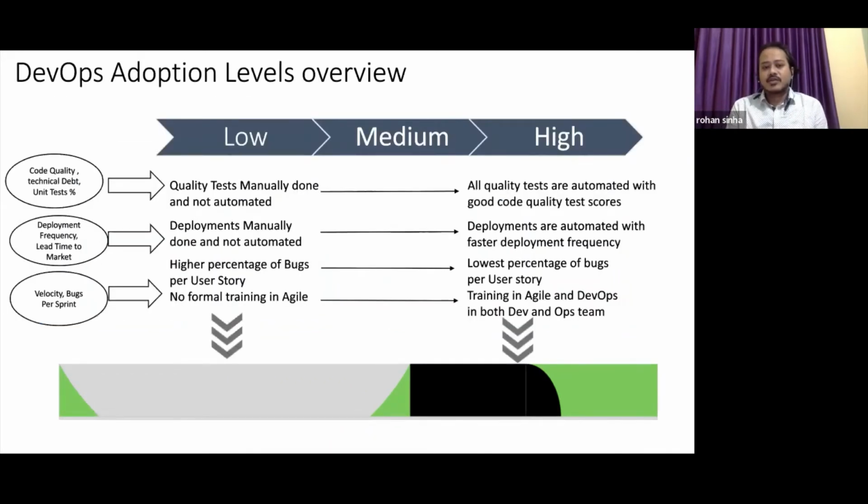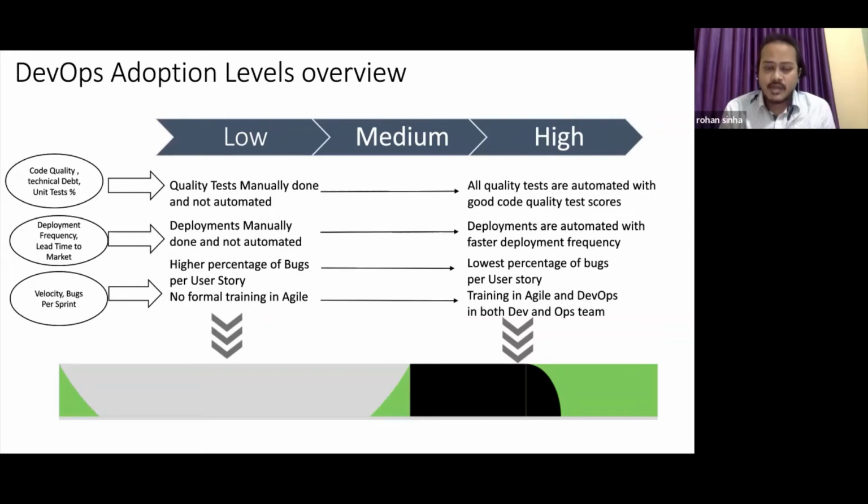Now I'm going to give an overview of the DevOps adoption levels that we have used. As I have shown you before how we are extracting data from various tools, now I'm going to describe the metrics and how we are defining a scale to assess the DevOps adoption level. We have divided these assessment levels into low, medium, and high.